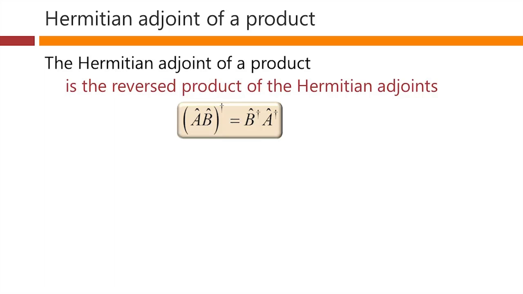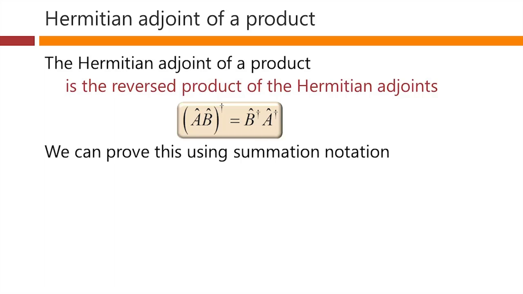So if we had a product of two matrices here, A and B, and we wanted to take the Hermitian adjoint of that product, then it turns out that it's equal to the product of the Hermitian adjoint of B times the Hermitian adjoint of A.